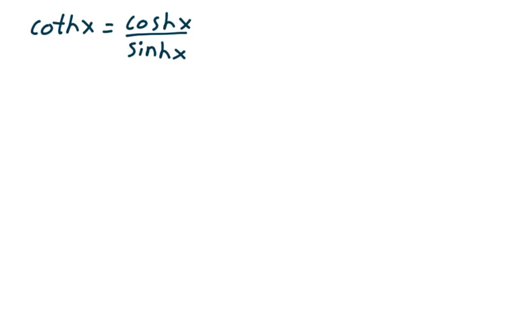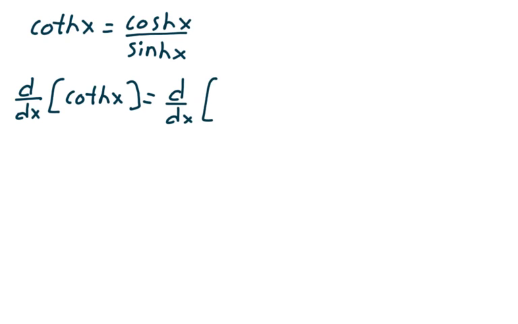This one's a little bit cleaner to do the quotient rule. And so if I take the derivative of hyperbolic cotangent x, this is the same as the derivative of cosh x over sinh x, right?